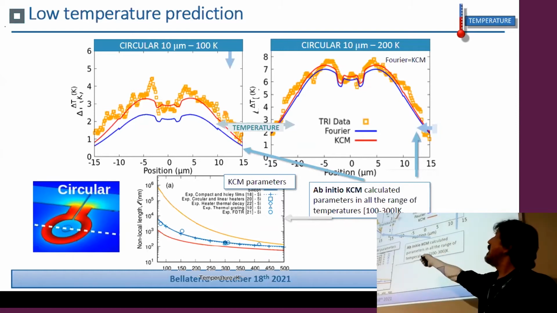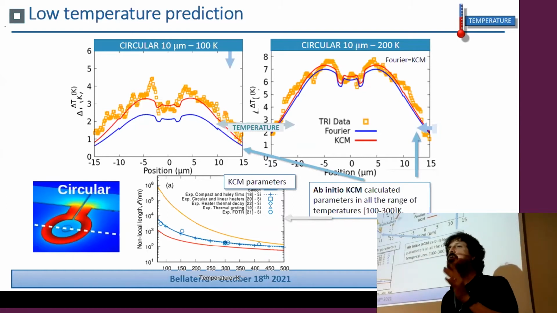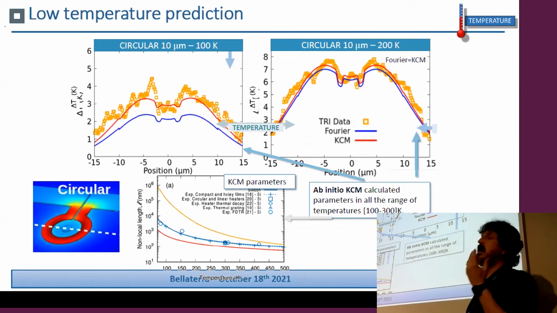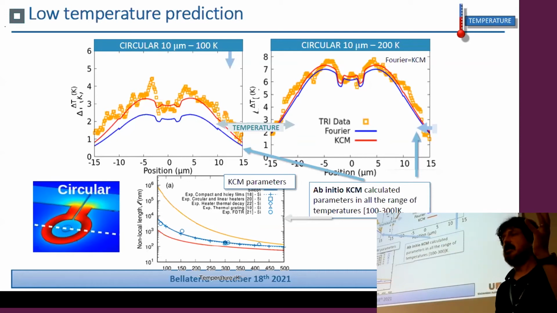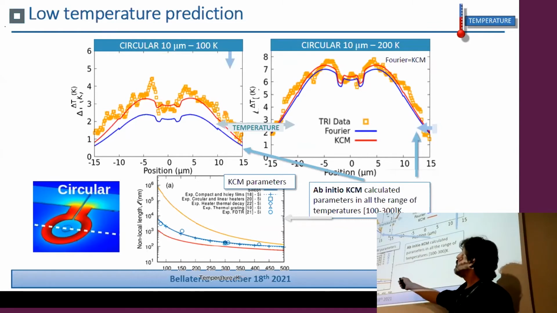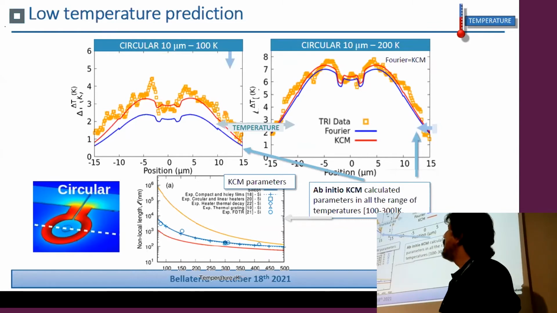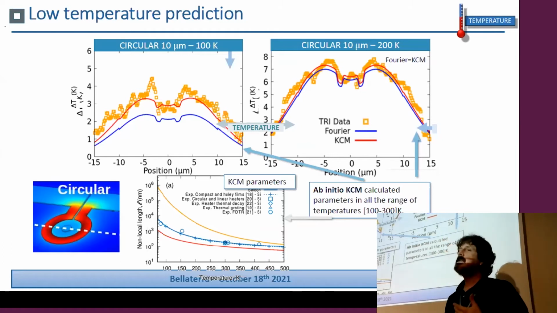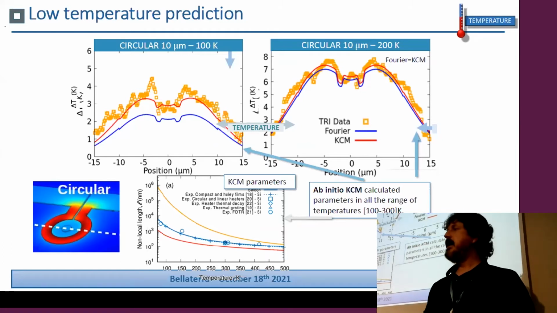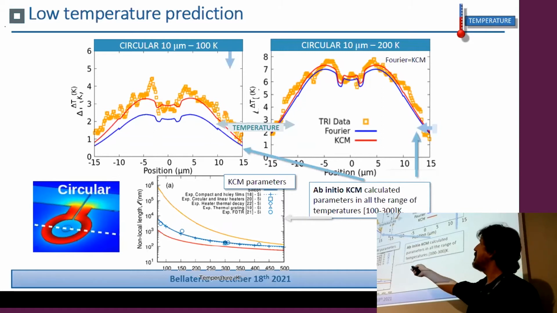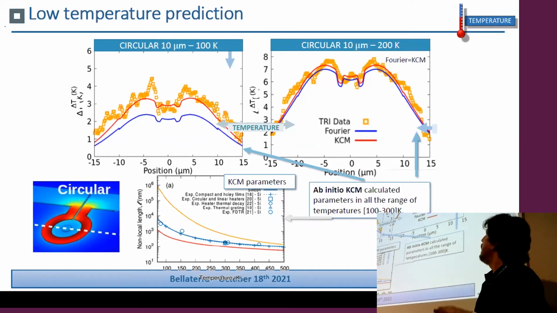At this size, the non-local length is approximately 2 microns. At 300 it is 200 nanometers. And look at this. Once again, the red line is the KCM prediction. The blue line is the Fourier. KCM predicts correctly.